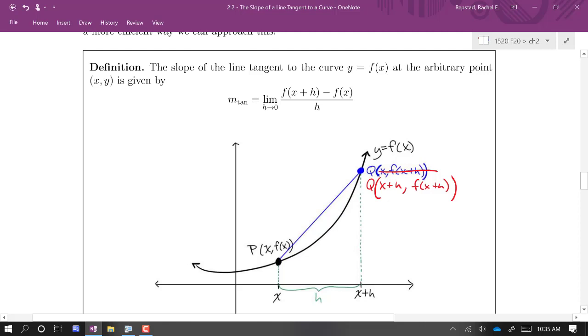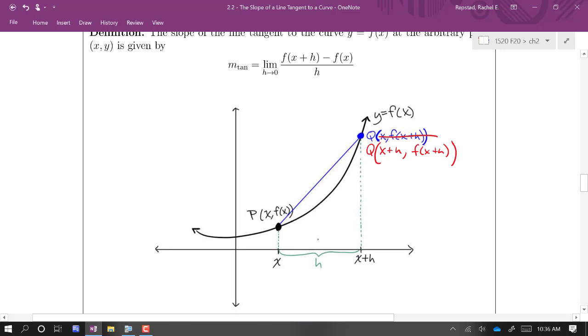So here's the idea. We have a point that we're interested in. This time we're not going to specify what the point is, just that it's on the curve y equals f of x. So our point P is the point (x, f of x). The way that I'm going to obtain that second point Q is I'm just going to move over by h, the step amount that I'm moving my x coordinate.